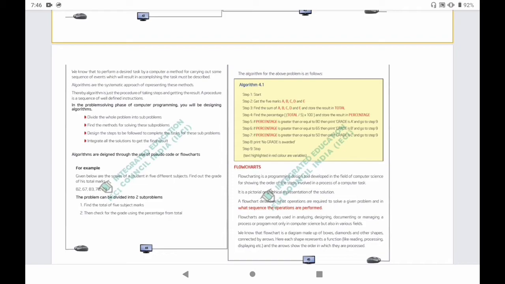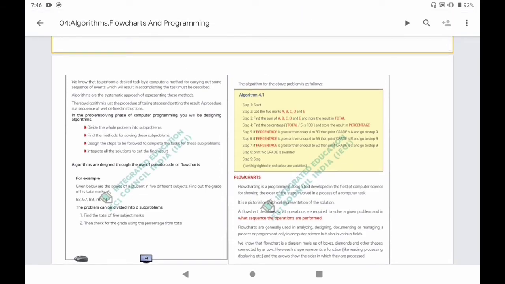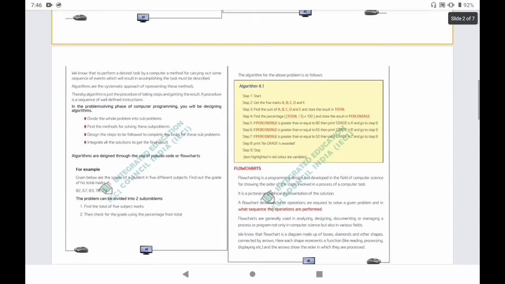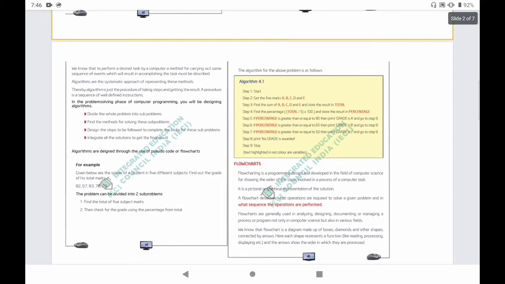We are finding the sum of A, B, C, D, E and it should be stored somewhere, and that variable name is total. So total will be a variable which keeps the sum of all A, B, C, D, E.